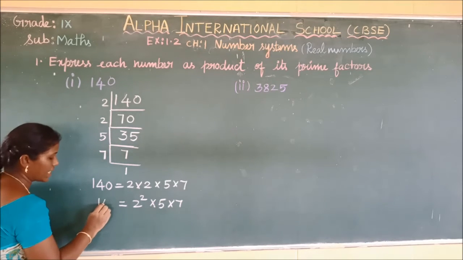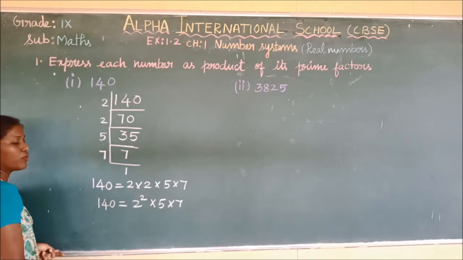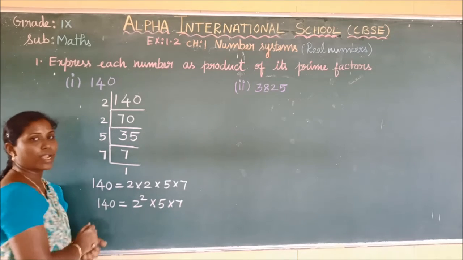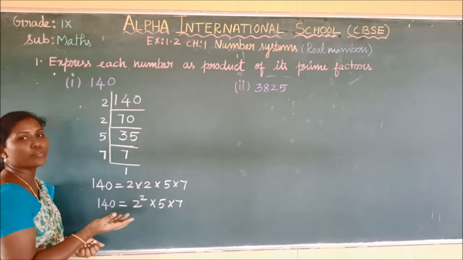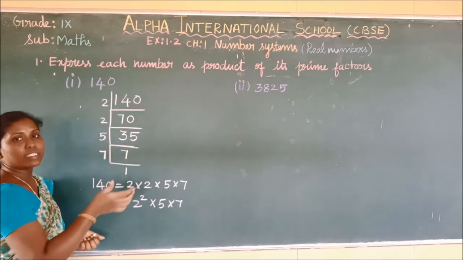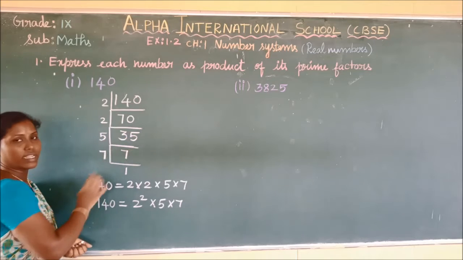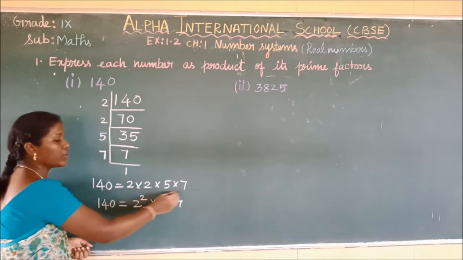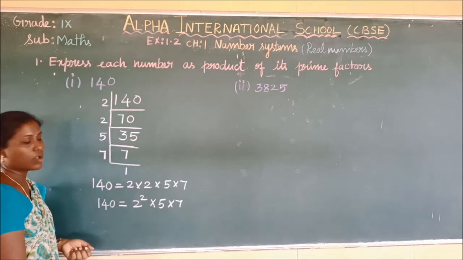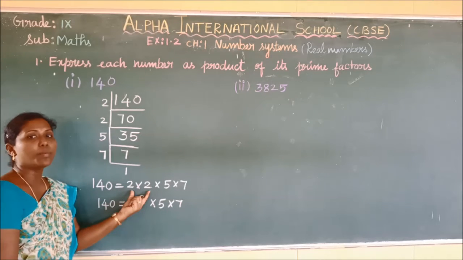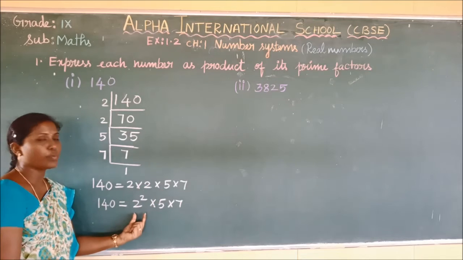So see, we expressed the composite number 140 as a product of primes. Whatever number is given, you are asked to find the expression. After that, write the prime numbers in order and finalize the answer. Just express using the powers. If 2 appears 3 times, it means 2 power cube.